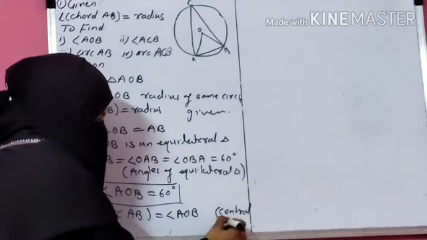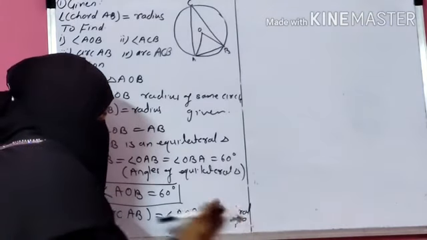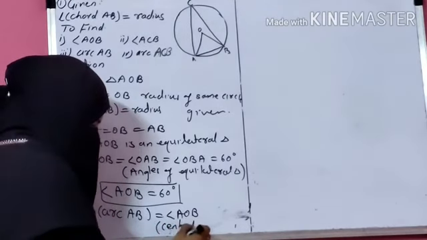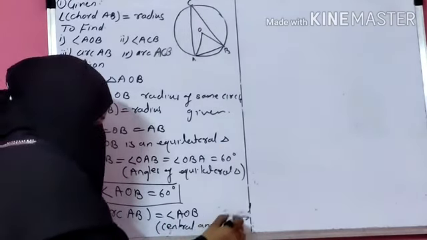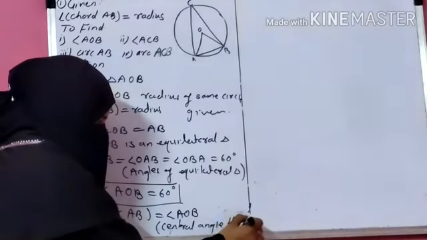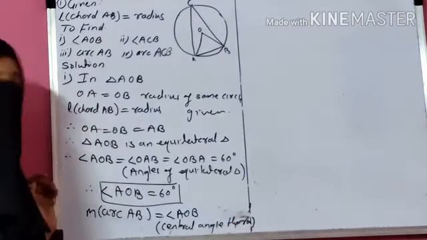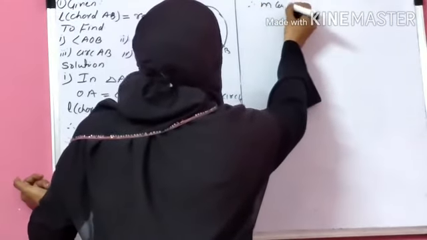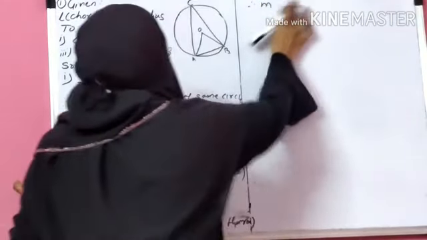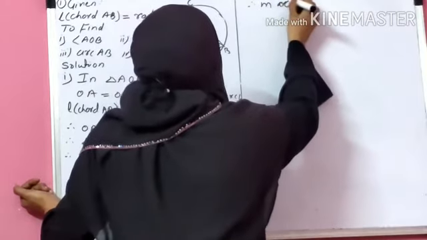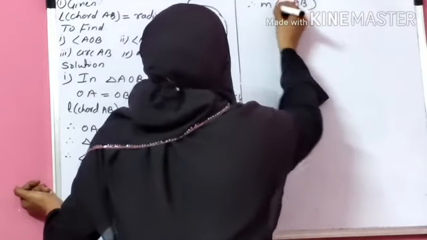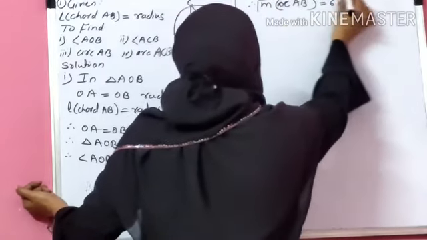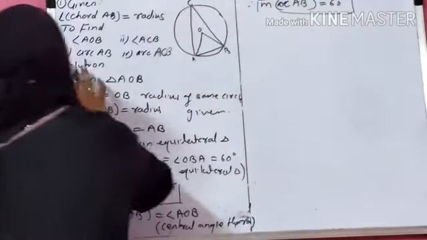Central angle theorem: the measure of the central angle is equal to the measure of the arc. So therefore the measure of arc AB is equal to 60 degrees. You find the value of the measure of arc AB, that means the third one.